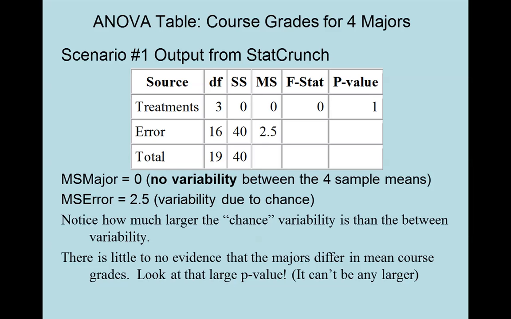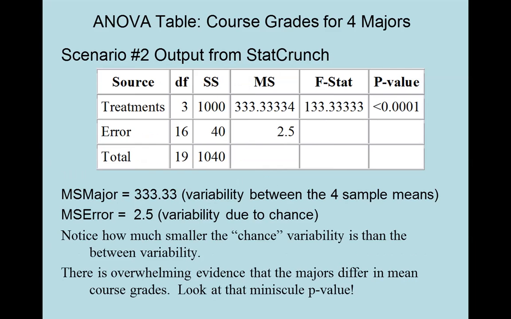So in this case, this doesn't convince us at all that there are differences in the population means. So we would come back and say, at whatever our alpha level is, there's basically no evidence, or little to no evidence, that any of the majors differ in mean course grades given this data.